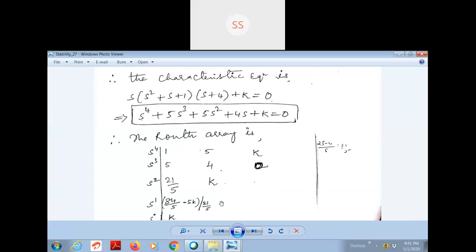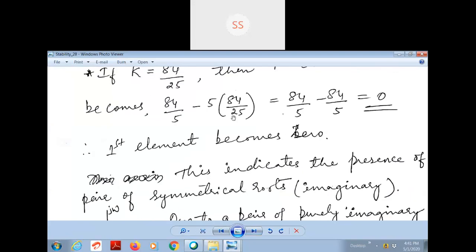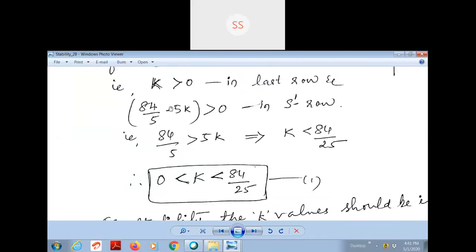This term should also be more than 0 so that it is positive. So 84 by 5 should be greater than 5k, or k should be less than 84 by 25. Why is it 25? Because 5 into 5 is 25. So 84 by 25 should be greater than k, which means k should be less than 84 by 25.